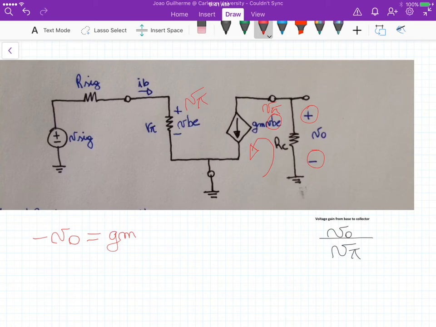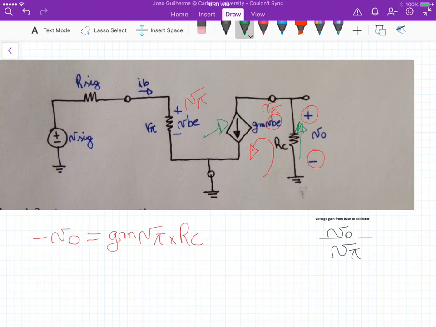So we have this current flowing through RC, that's Gm V pi times RC, because this voltage source here forces the current through RC to be Gm VBE, or Gm V pi, the transconductance times V pi.